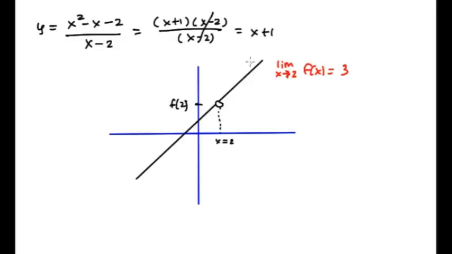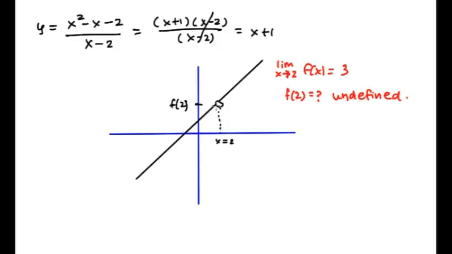So if we tried to just calculate f of 2 here, we'd be stuck because we don't know how to do that. We can guess what it might be if we made a graph like this, but there is no answer to f of 2 because it's undefined. But we can take the limit as x approaches 2.